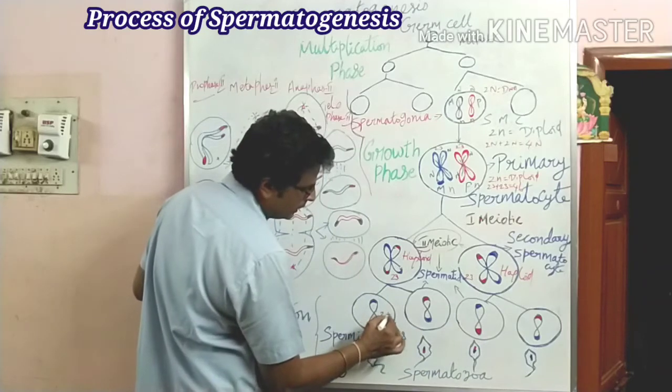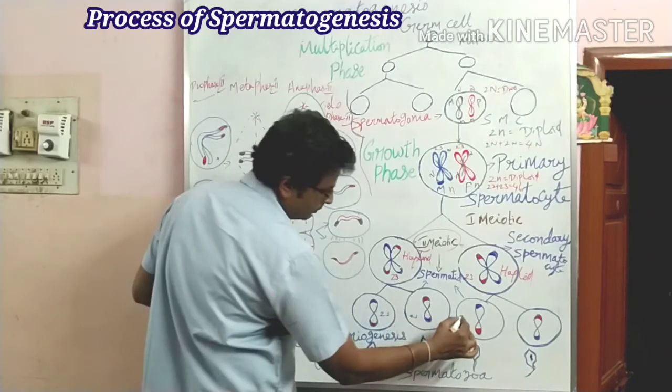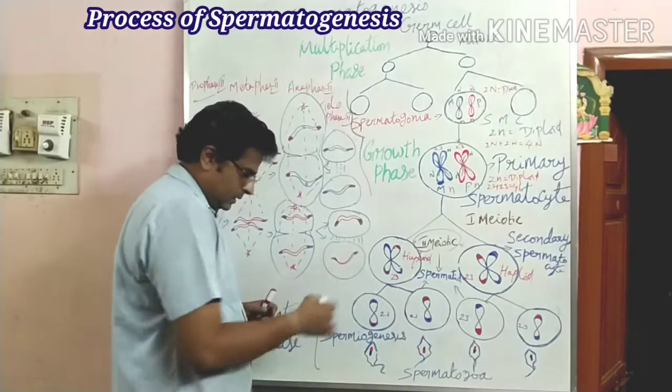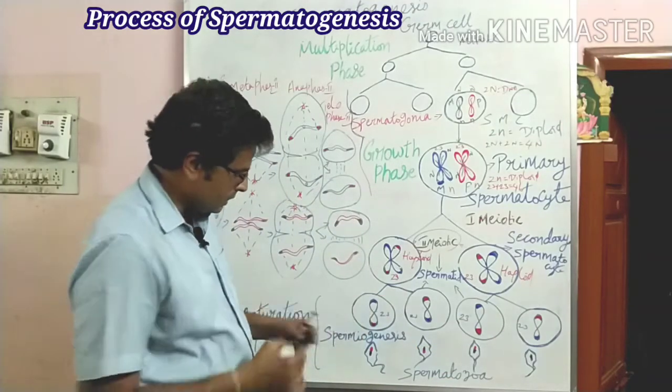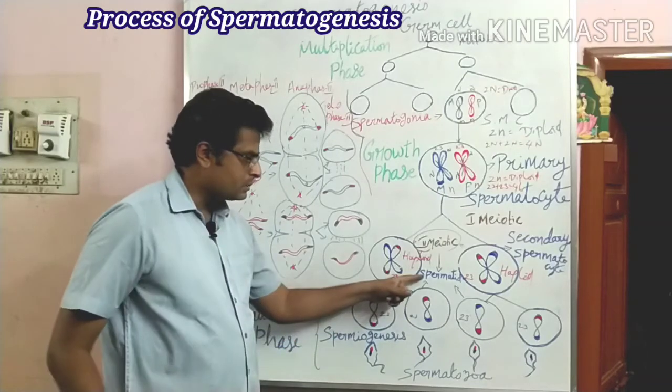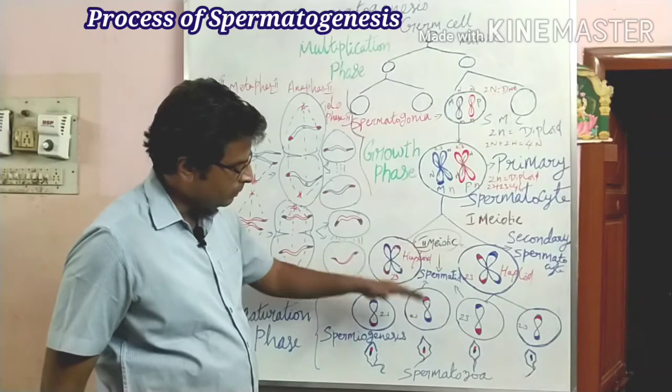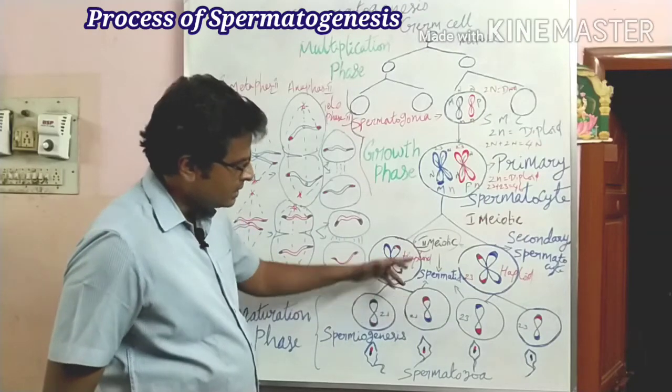Here it is 23N, 23N, 23N, 23N. These cells we call spermatids. The secondary spermatocyte is converted into spermatids by the second meiotic division.